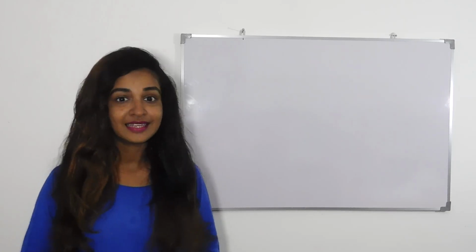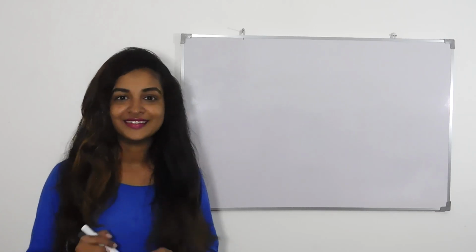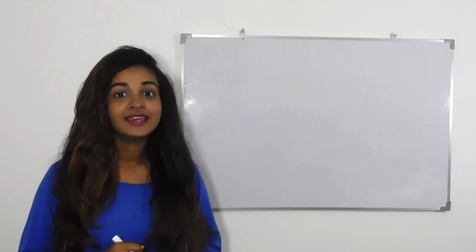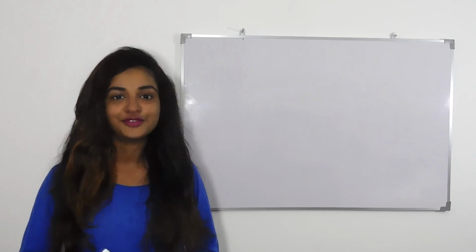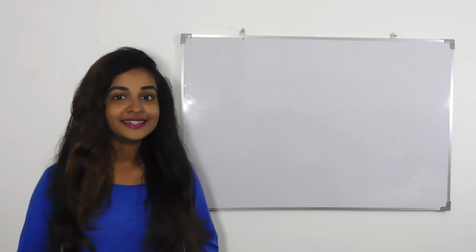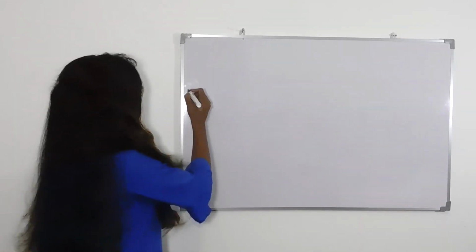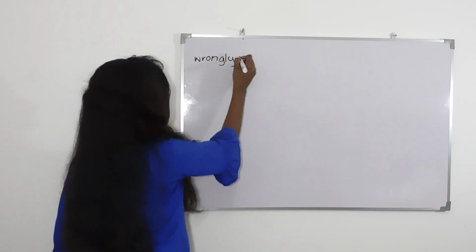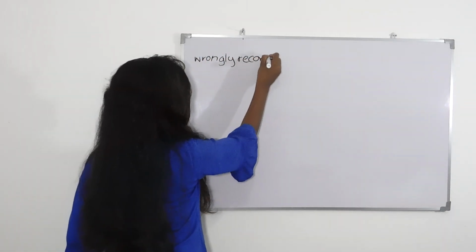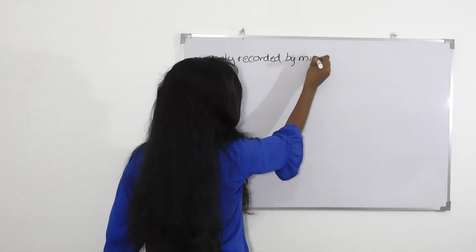Let me clear something that is commonly mistaken by students. There is a difference between an error and a fraud. An error is something that has been recorded wrongly by mistake.